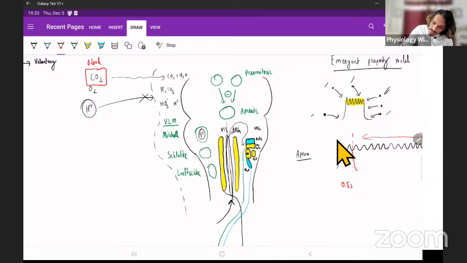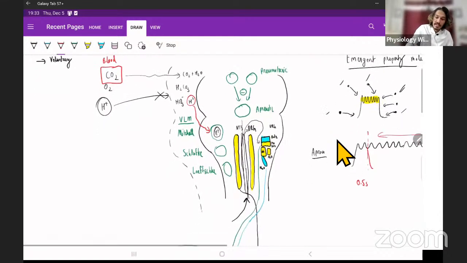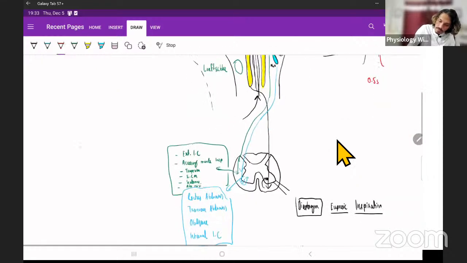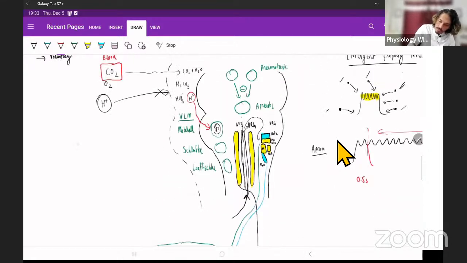And this H plus will go and stimulate these centers. This is your central chemoreceptor.